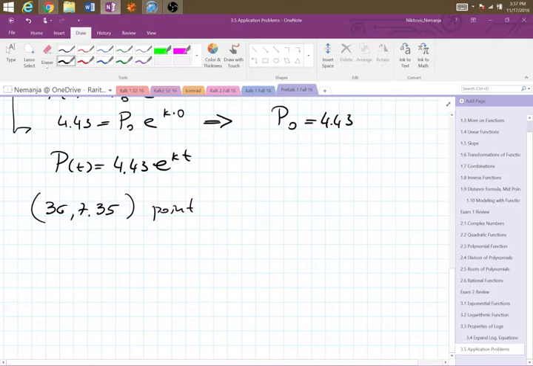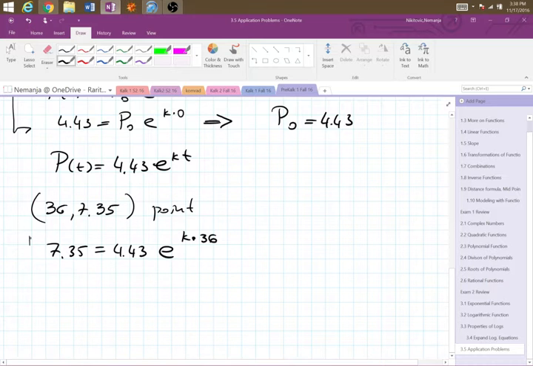All right. So this is just a point that is given to us in the text. So now I have the equation, I have the y value, I have the t value. I should be able to calculate k because that's the only variable we have. So population is 7.35, that's the y value, is equal to 4.43 e to the k times 36.